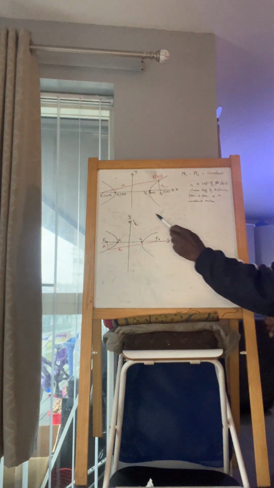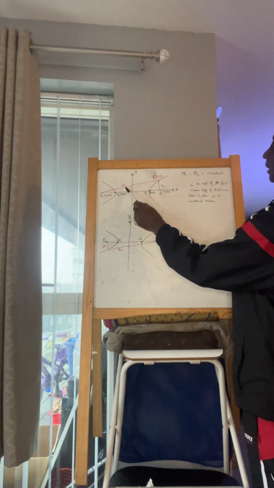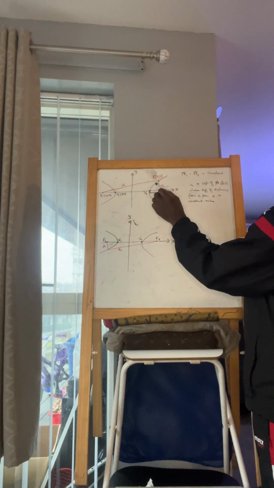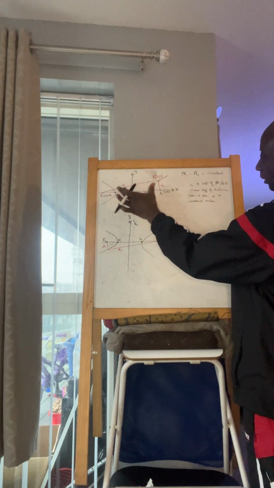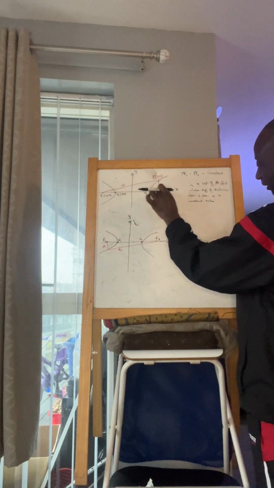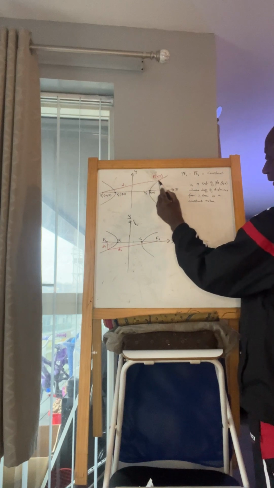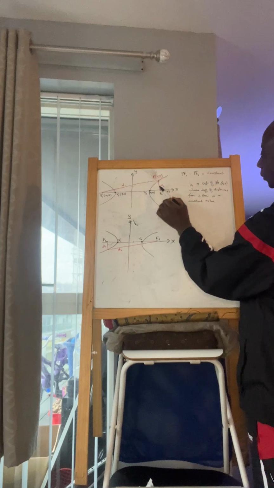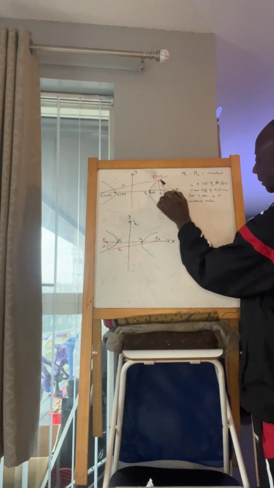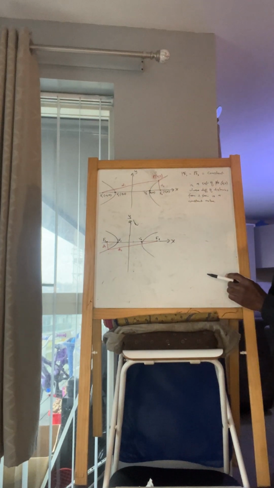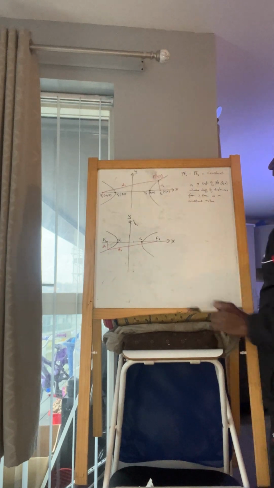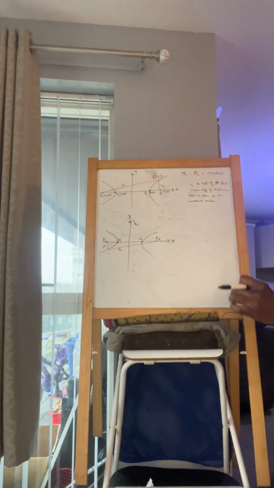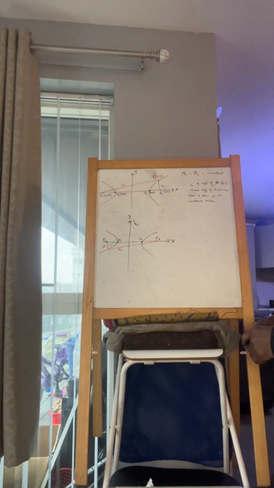In other words, if we subtract D2 from D1, from this point to this point, this is D1 here, from the focus of this hyperbola to D2 here, to any point on this hyperbola, if we subtract these two distances, what we get is a constant value.